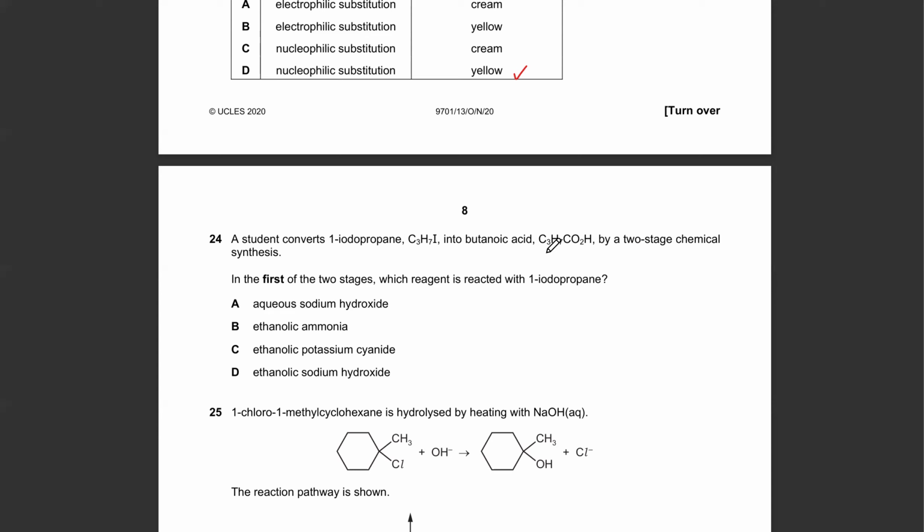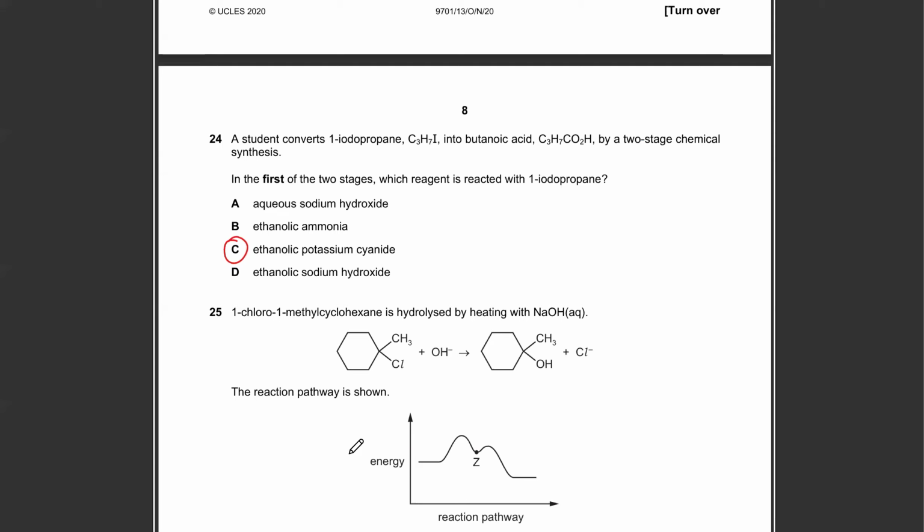So is it C? This is butyric acid, right? So you need an extra carbon from CN, right? So it is C, ethanolic potassium cyanide.